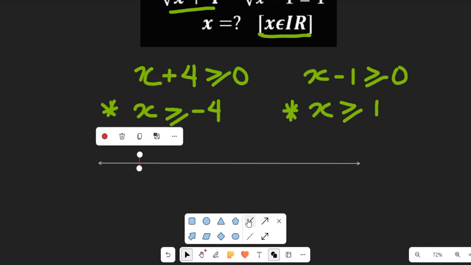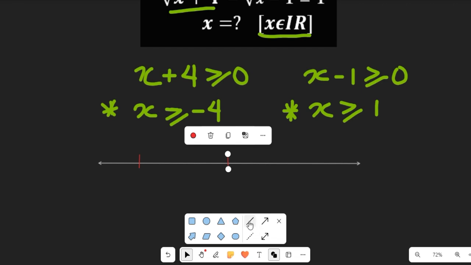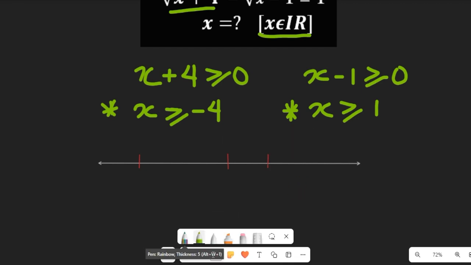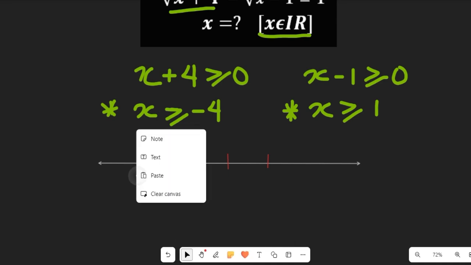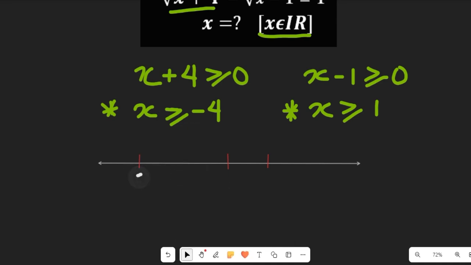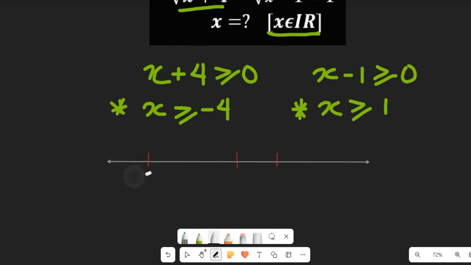And then at this point, we are going to have a value 1. Remember, this is the negative axis and this is the positive axis.